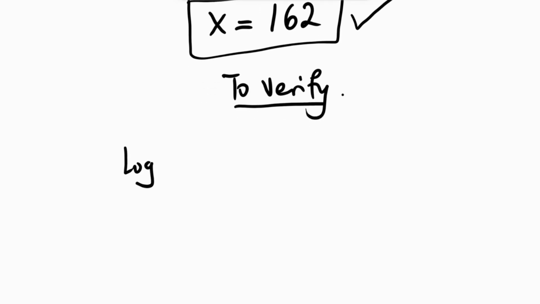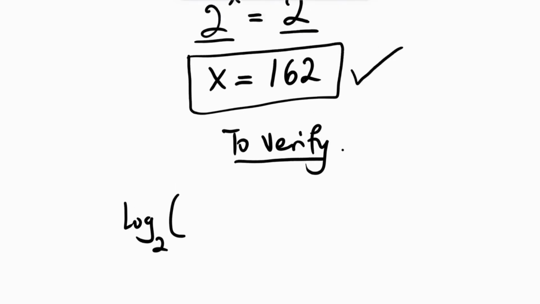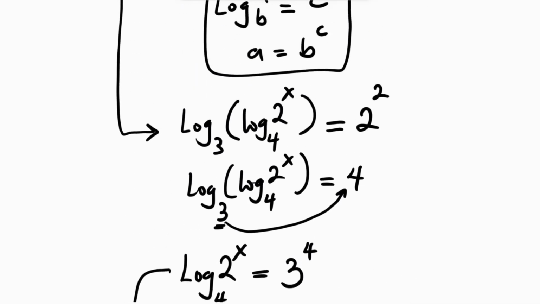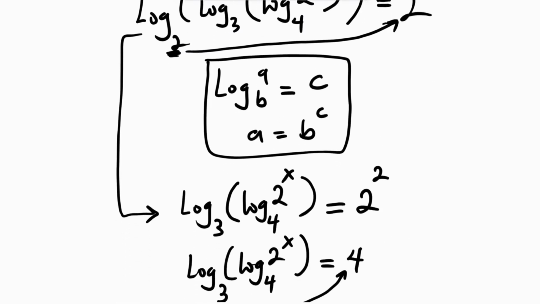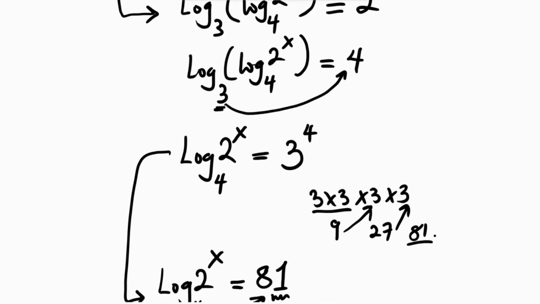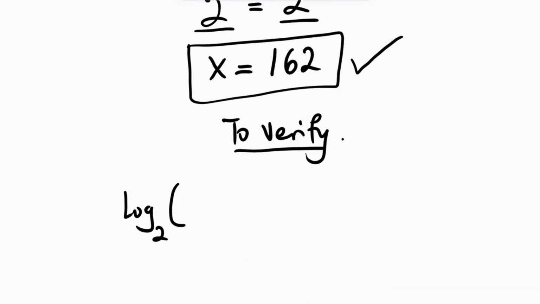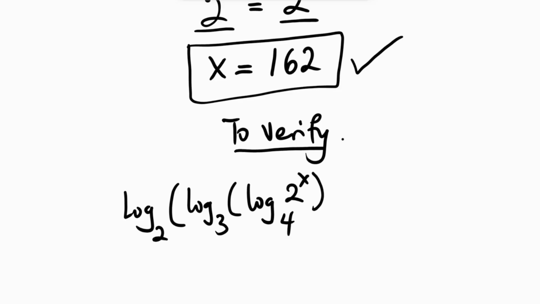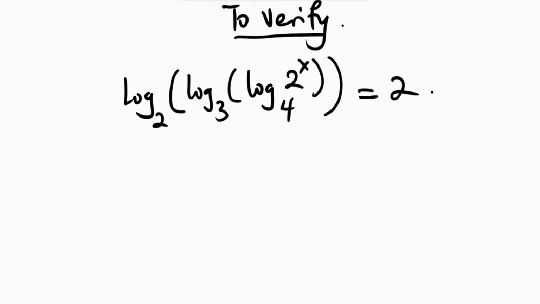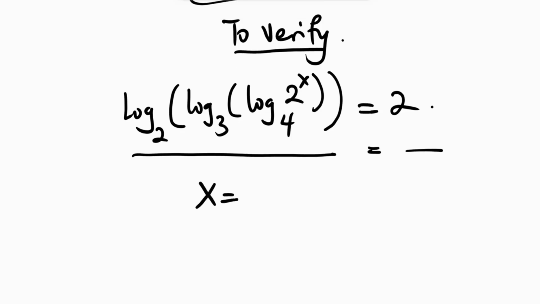We have log to the base 2 of log 3 log 4 2 raised to power x equals 2. Now we're trying to see if the left hand side is going to be equal to the right hand side. So our x is equal to 162.